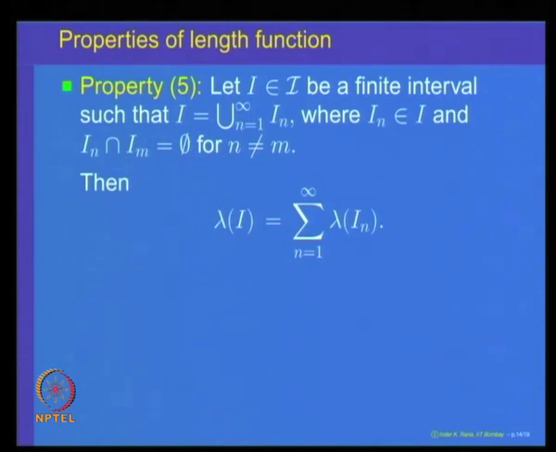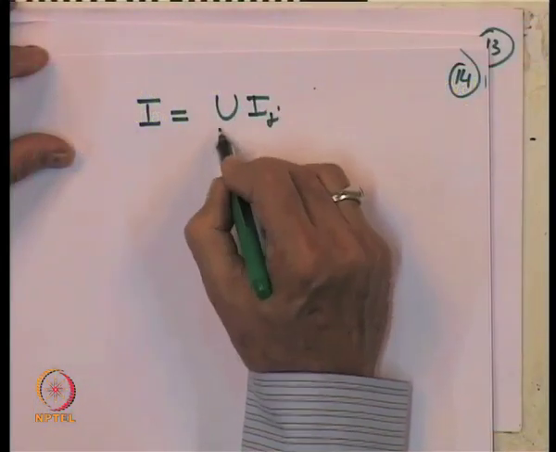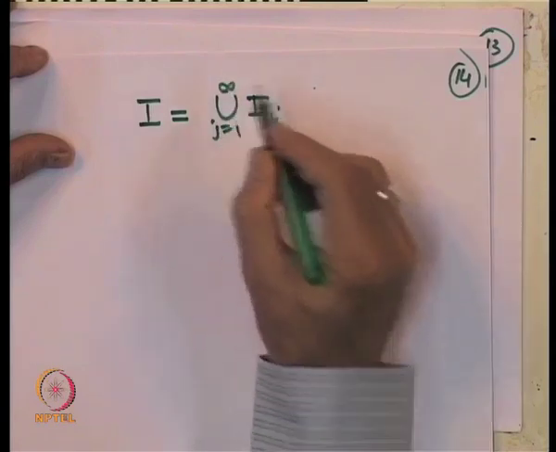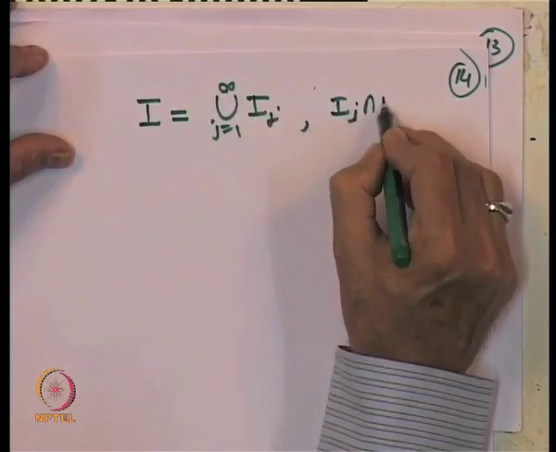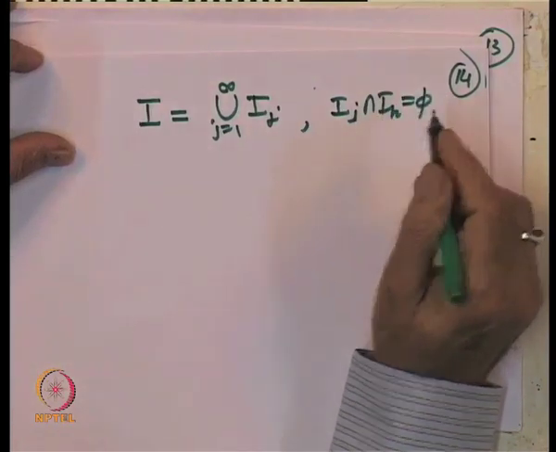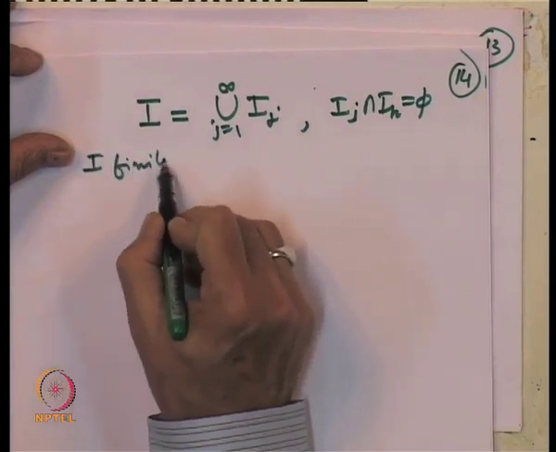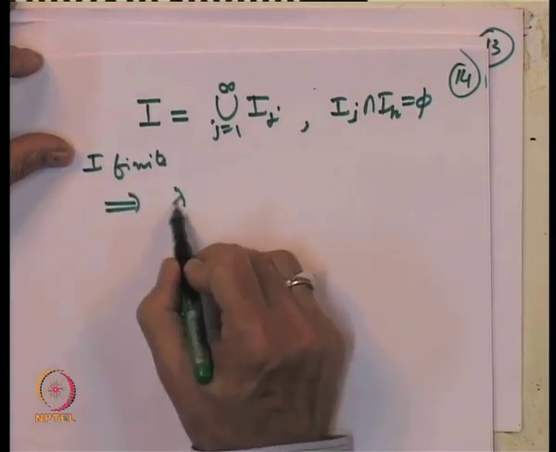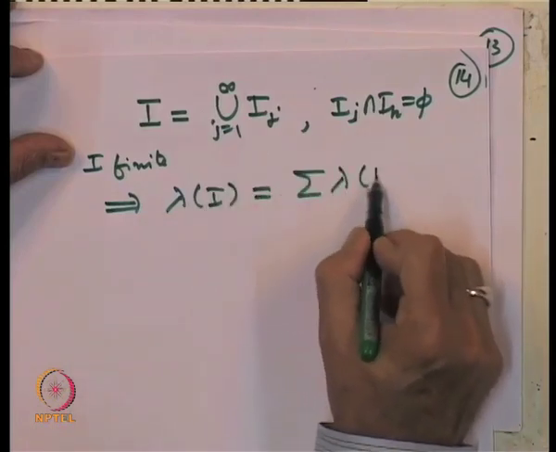So, what we have got: I is equal to the union of I j's, j equal to 1 to infinity, the I j's are pairwise disjoint, I finite, implies length of I is equal to summation of the lengths of the I j's.